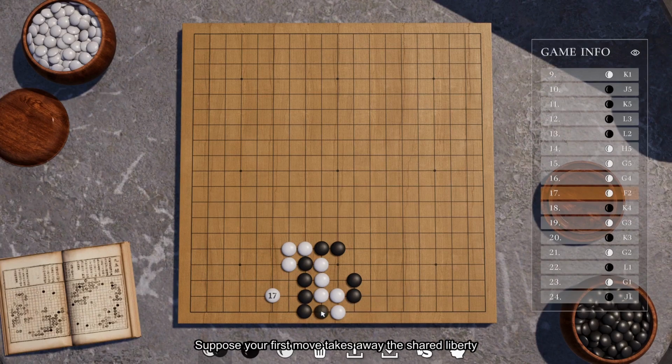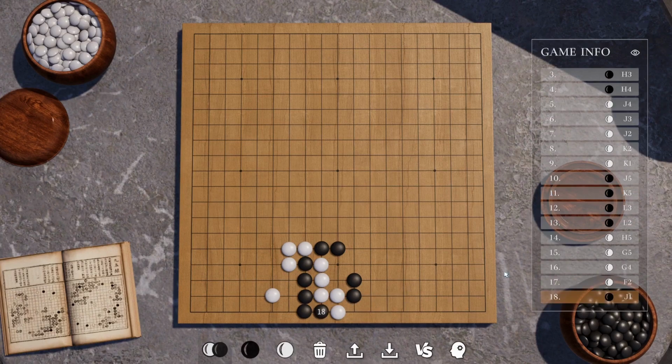Suppose your first move takes away the shared liberty. Notice that while reducing the opponent's liberties, your own liberty also disappears. So now you only have 3 liberties, 3 against 3, and it is white's turn. So white can capture black.